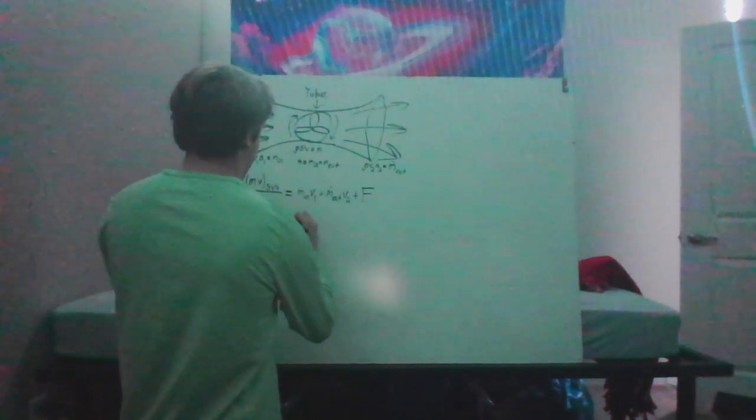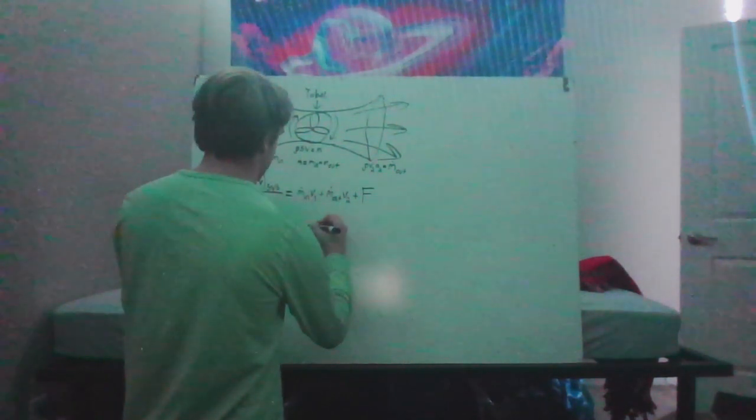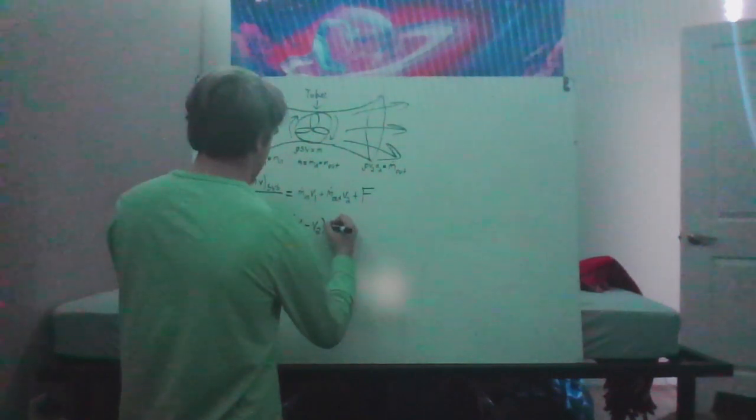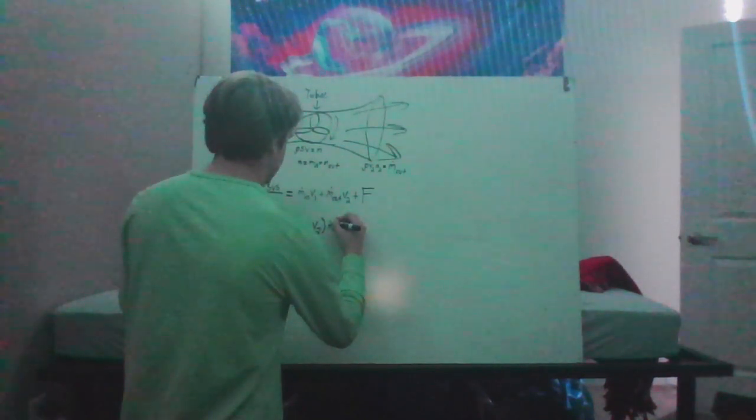So obviously we want the liquid acting on the turbine, so that's why our force will be negative. And then it will just equal V1 minus V2 and then our mass flow rate.